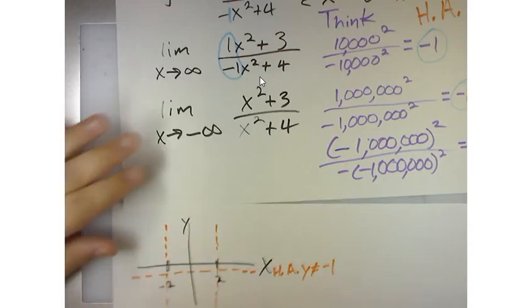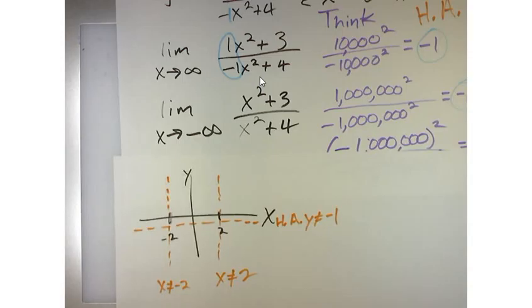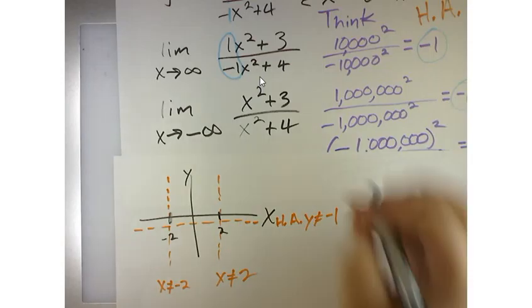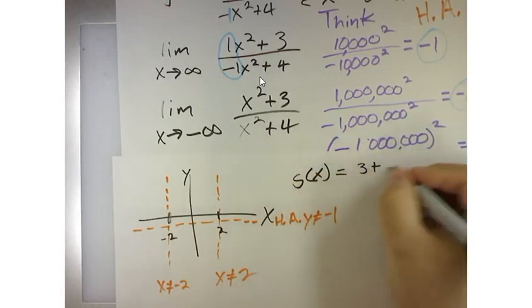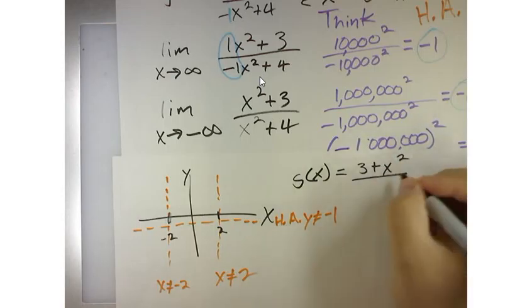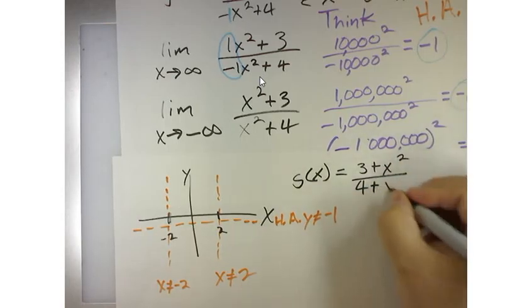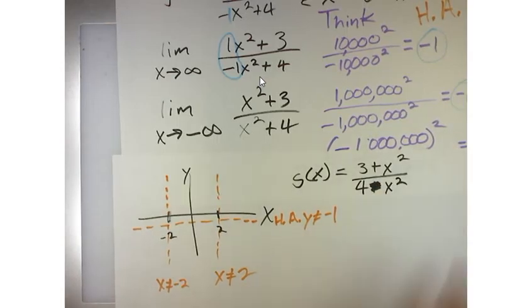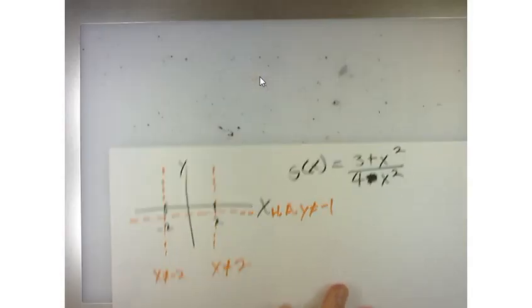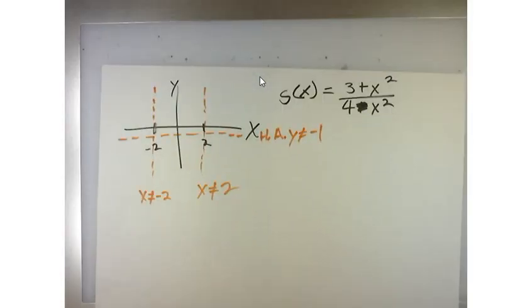Okay? Now, what does that mean? Well, it means that my function has a minus x squared. What's the lowest value for x that I could have?